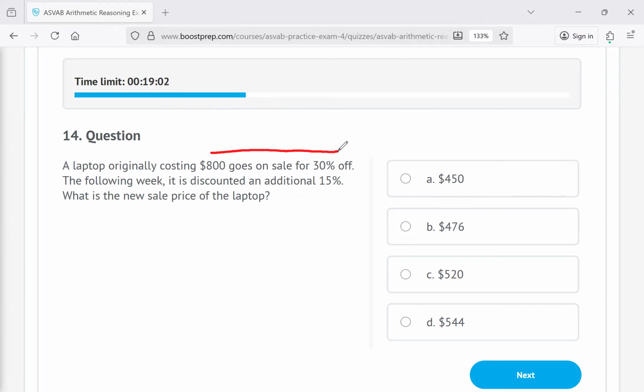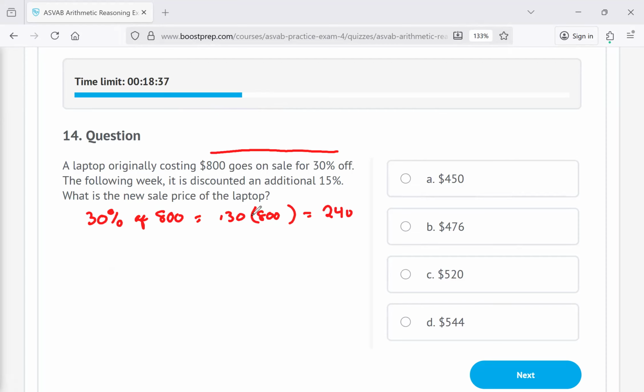So how much would it cost? First we need to know what is 30% of 800? Well, 30% as a decimal, you can write it as 0.30. The word of means multiplication, and times it by 800. So 0.30 times 800 is 240.